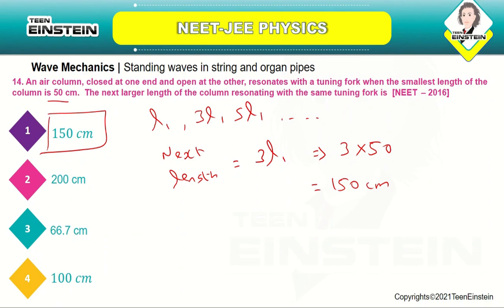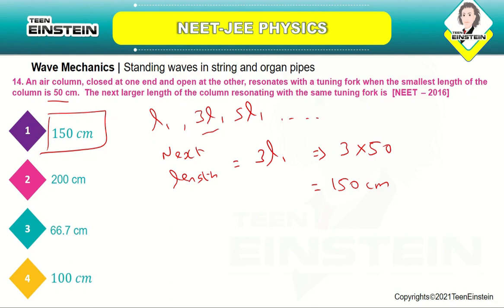So the lengths for resonance are also in the sequence L1, 3L1, 5L1 and so on. Here they gave the L1 value as 50 and want us to find the next larger length, so you have to multiply it by 3. The next one is 3L1, so it becomes 3 into 50, which is 150 centimeters. So the correct answer is option number 1.